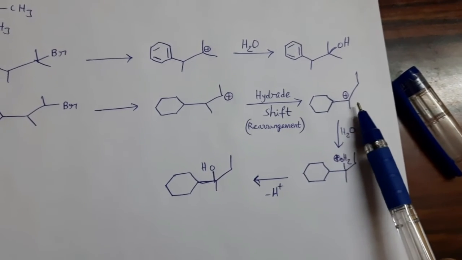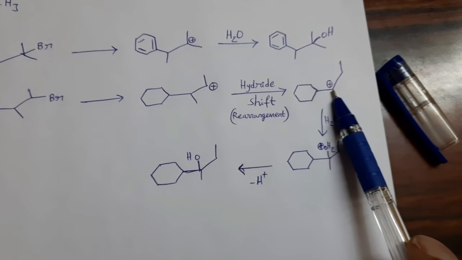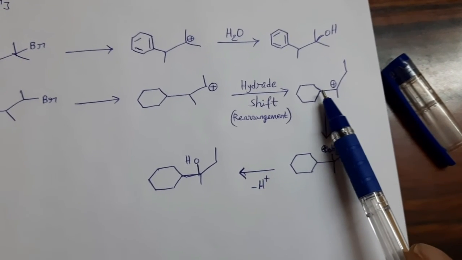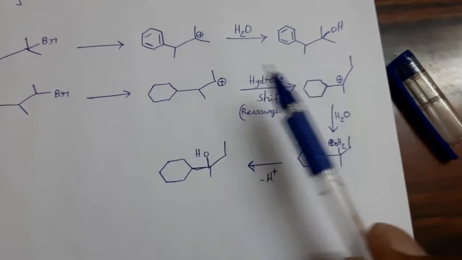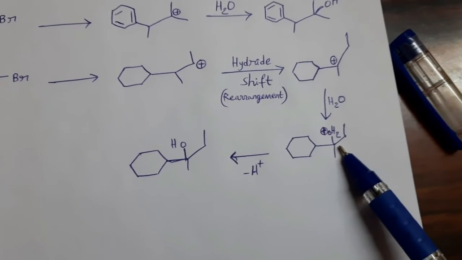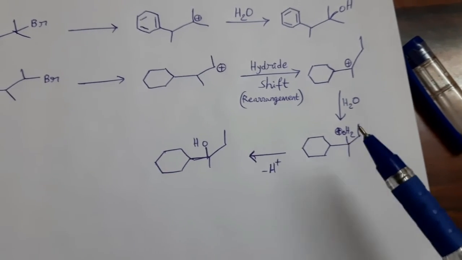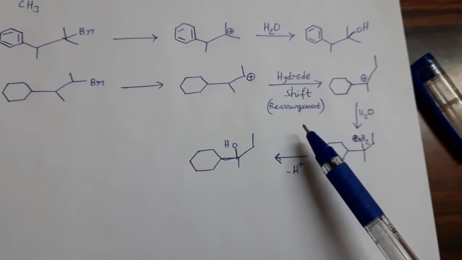We can get this one. It is a tertiary carbocation. This positively charged carbon is bonded to this carbon, 2 and 3. That's why it has more stability than this one. It is treated with water. We can get this ion. From this, H plus is removed. Then we can get alcohol. So here also rearrangement takes place.